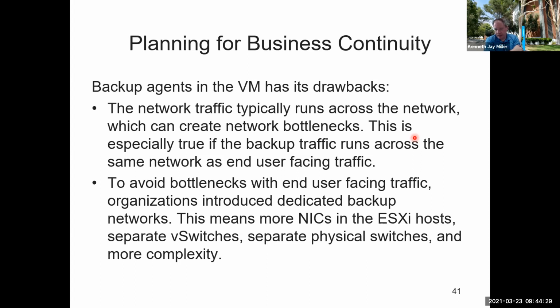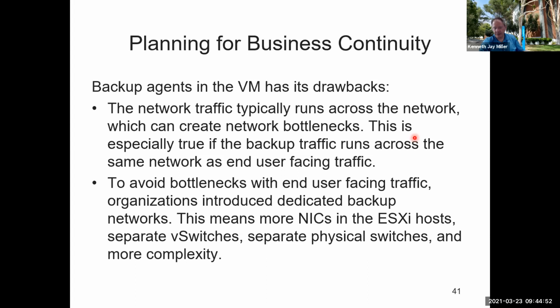This means more network cards in the host machine, the ESXi host, separate vSwitches, separate physical switches, and more complexity. So your switching network and your traffic network get extremely complicated, which is doable, but it's something that you have to consider.